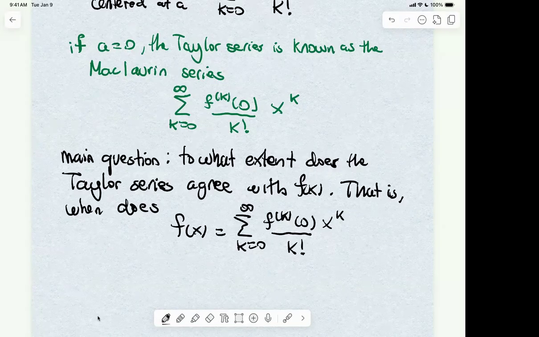You have to know everything about the function at zero, because that produces these numbers, and then you divide by k factorial times x to the k, and that gives you the function.